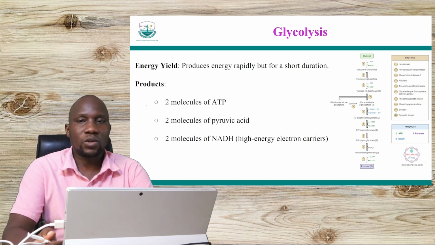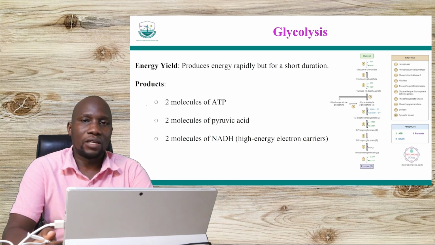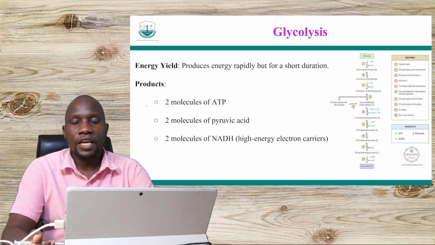This is actually very important in the other process, that is the oxidative phosphorylation, and you will see how that enters that cycle. So those are the end products. Net, you get 2 ATP molecules, you get 2 pyruvate molecules, and you get 2 reduced NADH.